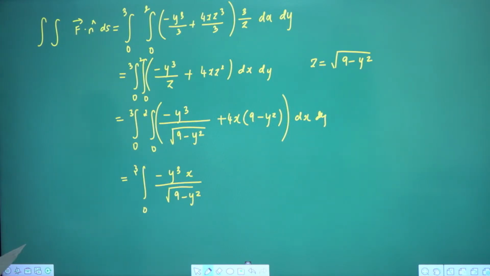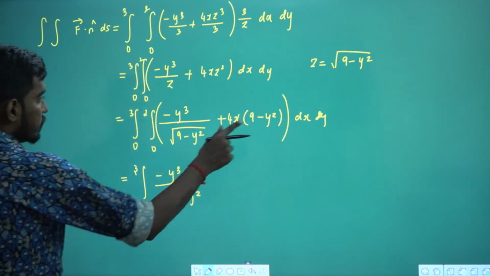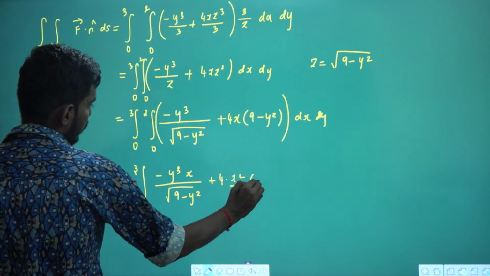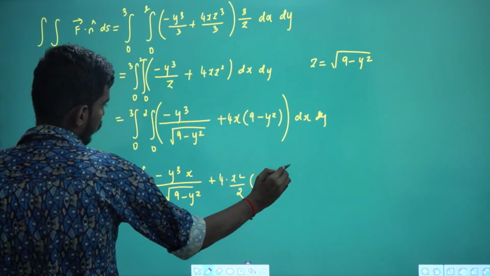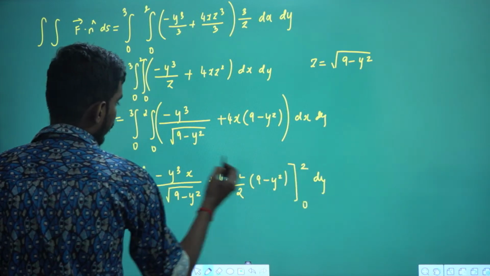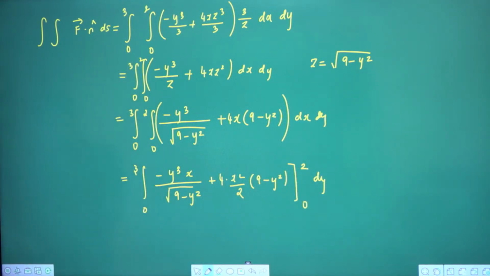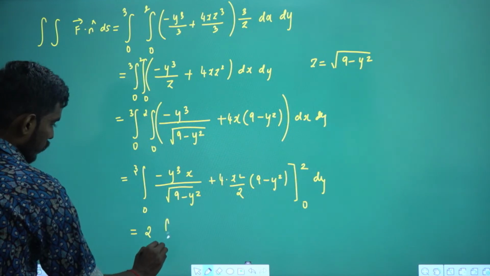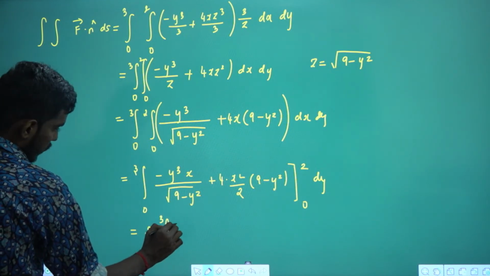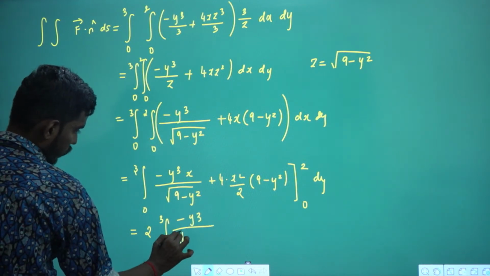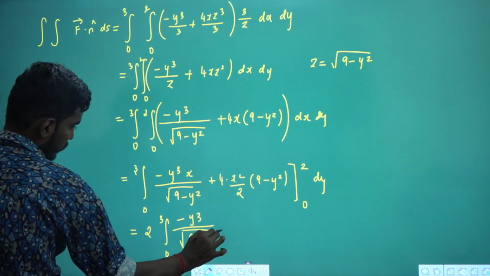And then integrate with respect to x here, 4x square by 2 times 9 minus y square. The limit is from 0 to 2, dy, right? Yes. So the upper limit will be 2. So 2 times integration from 0 to 3 of minus y cube divided by root of 9 minus y square dy.